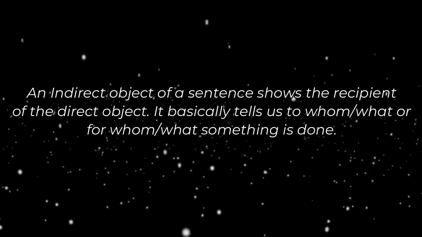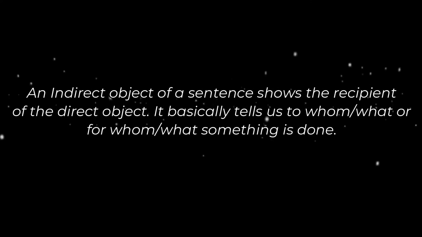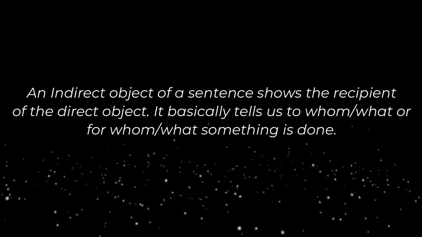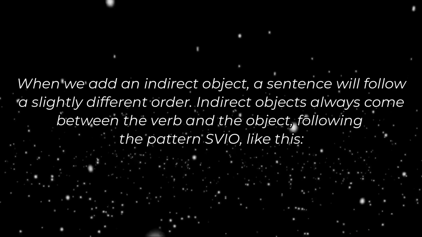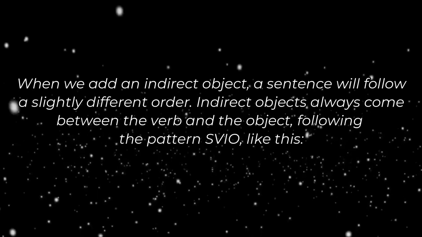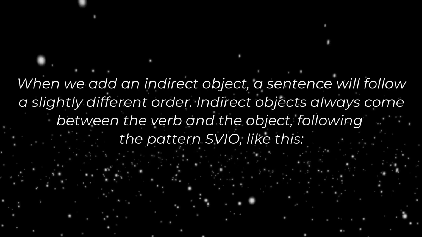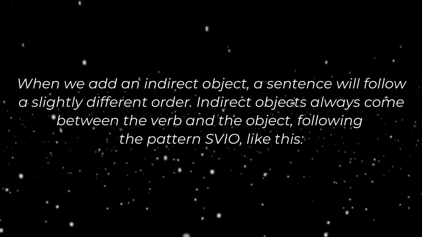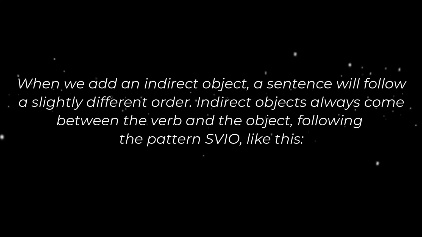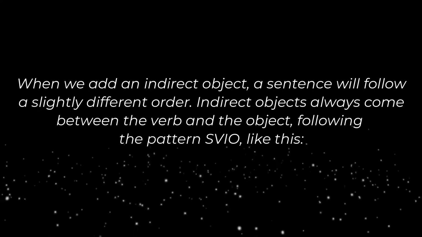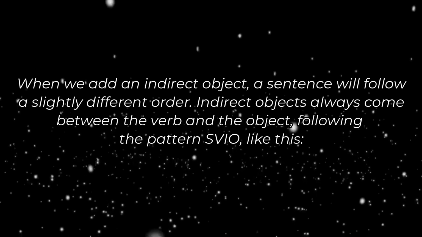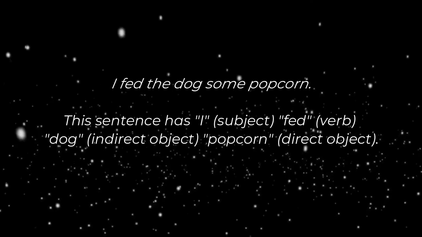It basically tells us whom or what, or for whom what, something is done. When we add an indirect object, a sentence will follow a slightly different order. Indirect objects always come between the verb and the object, following the pattern SVIO, like this: I fed the dog some popcorn.